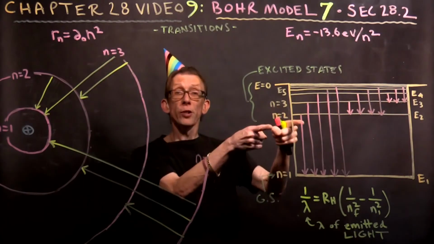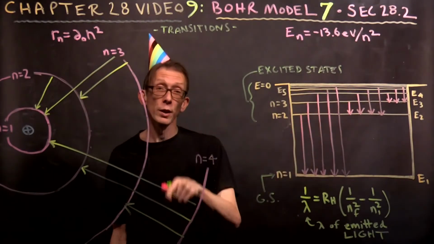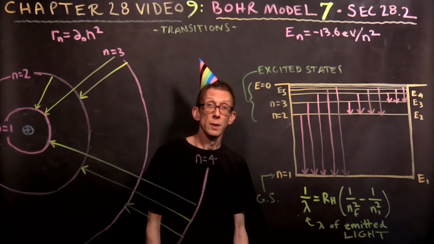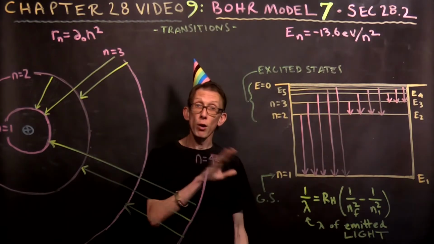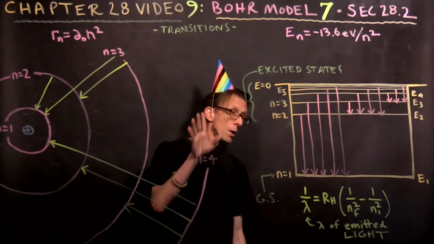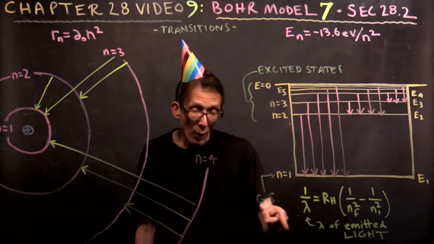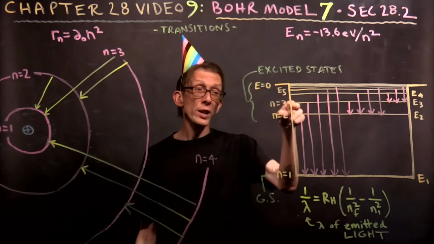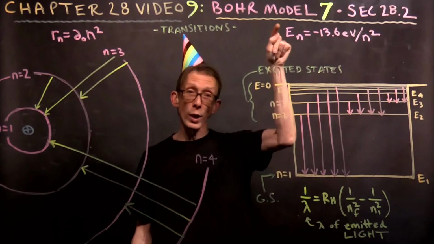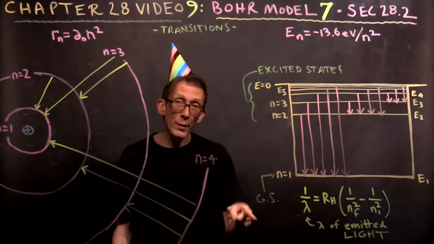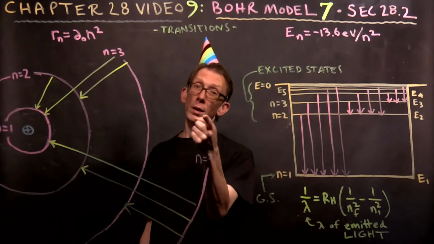Now, there are far more transitions in this picture than this picture because I included the 5 and 6 levels here. I did not include the 5 and 6 levels here. But here's the clip and save point to all of this. With every transition downwards, whether you're going from 3 to 2 or from 2 to 1 or from 7 to 5 or from 5 to 3 or from 20 to 1, every time that happens, the atom emits light.